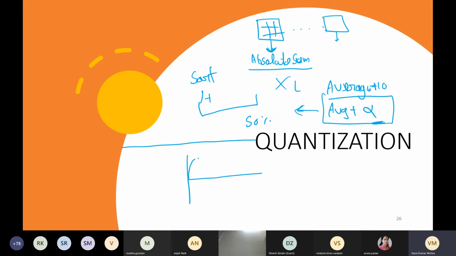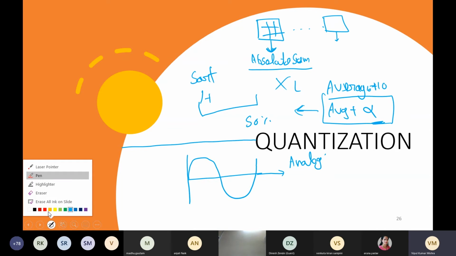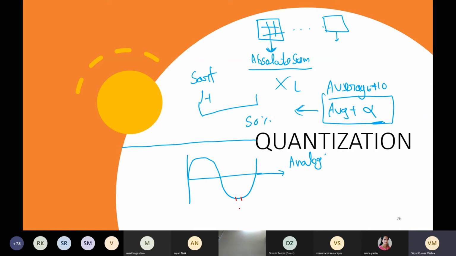Suppose I have an analog waveform, and in this waveform I have selected a region. Now, how many points do I have in this region? Those who can unmute, please tell me how many points are in this region.